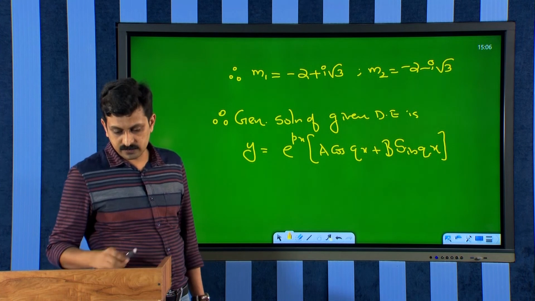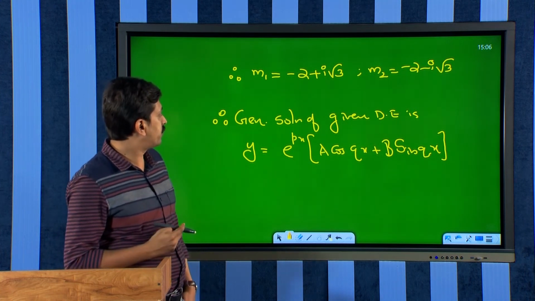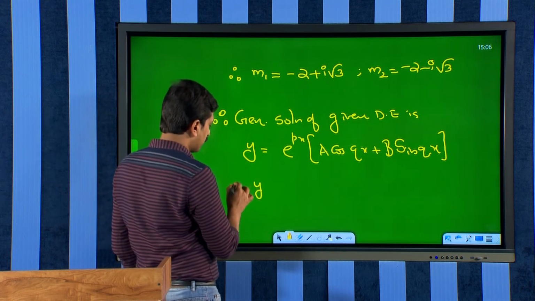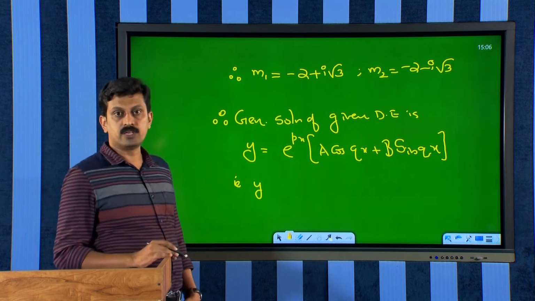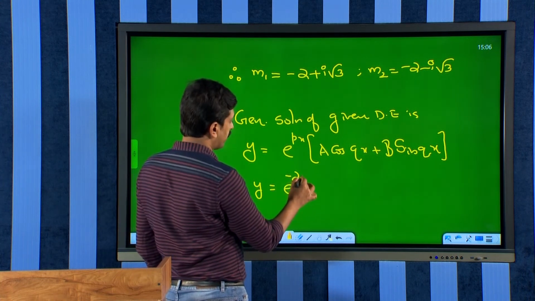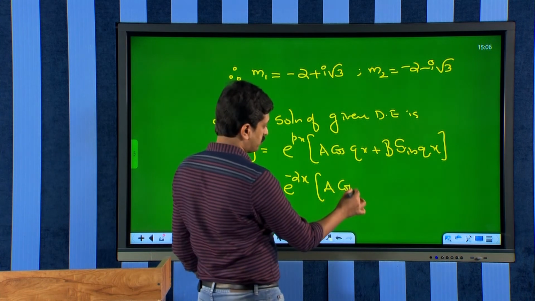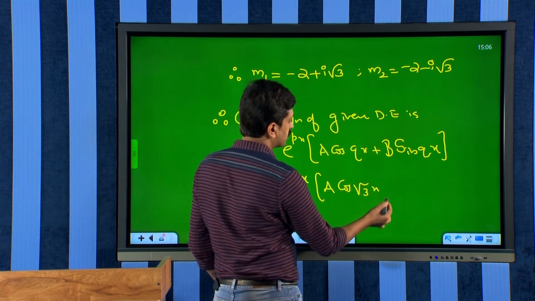So, okay, fine. We can write y is equal to e raised to px, that is, e raised to minus 2x times a cos root 3x plus b sin root 3x.